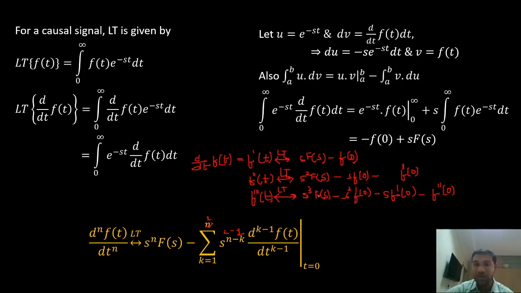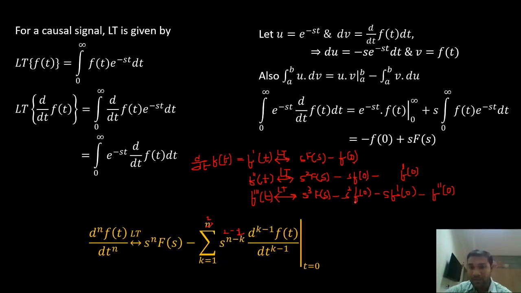So s cube into f of s. So now my s cube term is over. Then I have the minus s square term, so I'll multiply s square with f of 0.